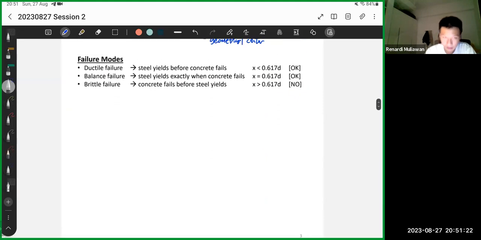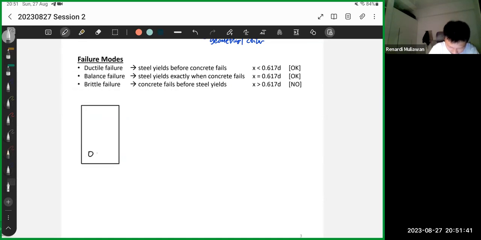Okay, so there are three types of failure modes. There's ductile failure, balance failure, and brittle failure. This depends on the strain graph. So let's say you have a section, something like this. This is your section, then this is your steel.